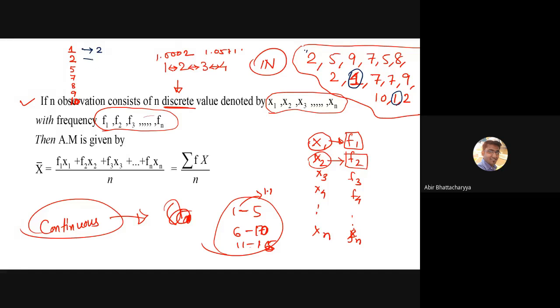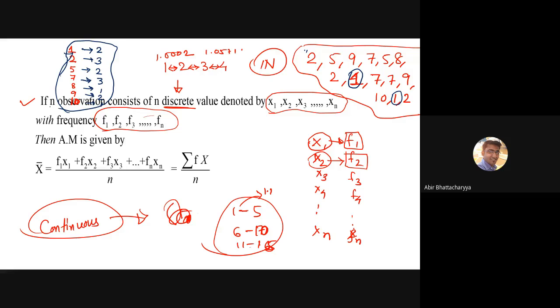Frequency of 5 is 2. Frequency of 7, I think, is 3. Frequency of 8 is only 1, 9 is 2, and 10 is 1. Good. So this is called the frequency.